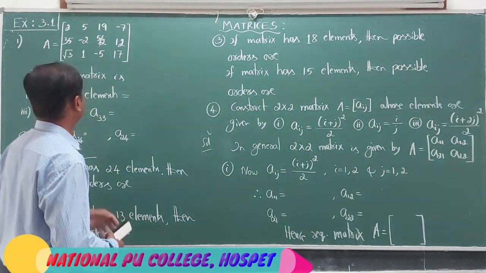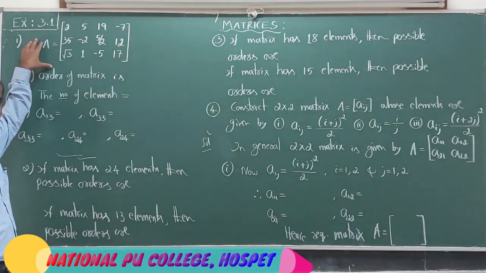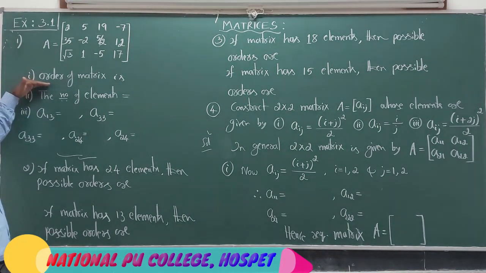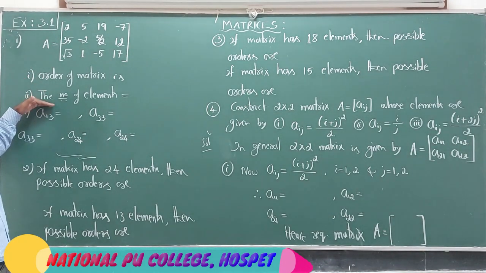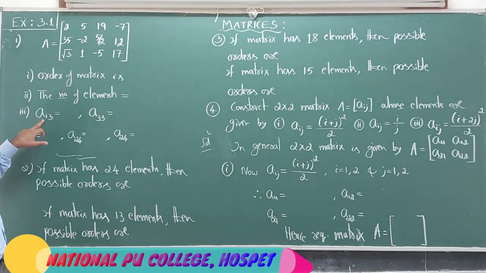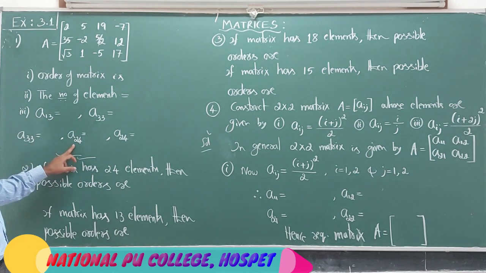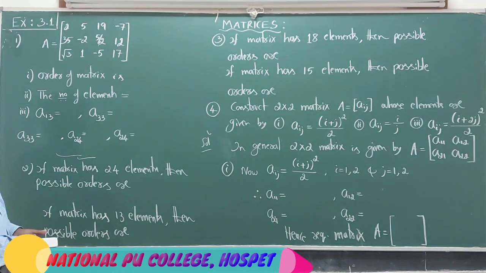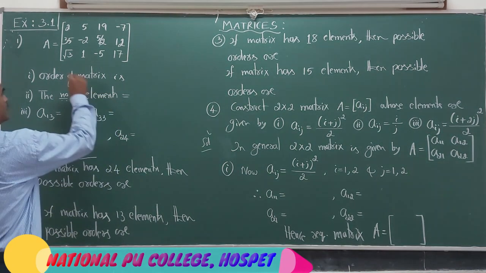First question, they are given a matrix, required to write the order of the matrix and the number of elements in the matrix. They are asking to find the values of A13, A33, A23, A24. Now, what is the order of the matrix?